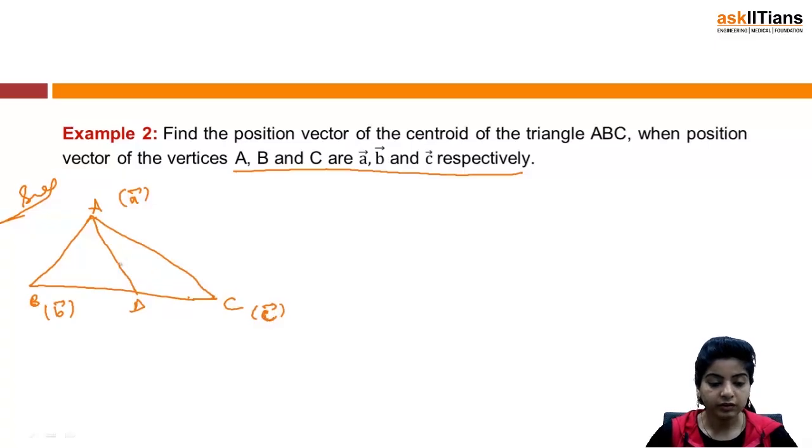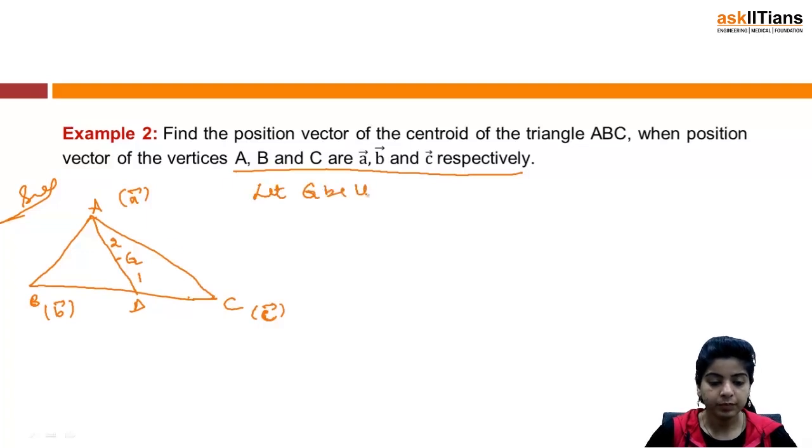Now suppose we are required to find the position vector of the centroid of the triangle. Let me assume that G is the centroid. We know that the centroid divides the median AD in the ratio 2:1. So what am I saying?